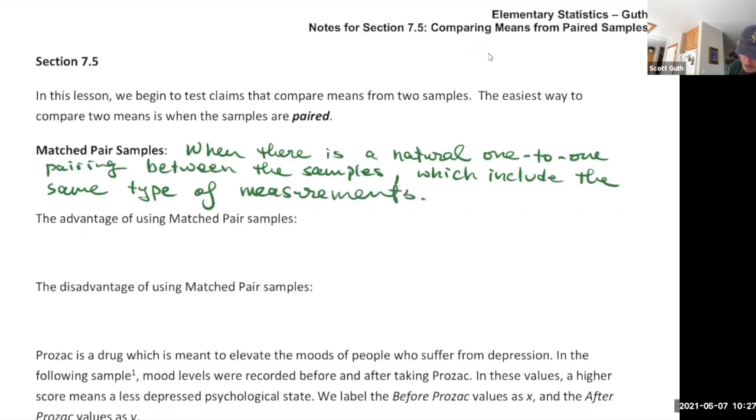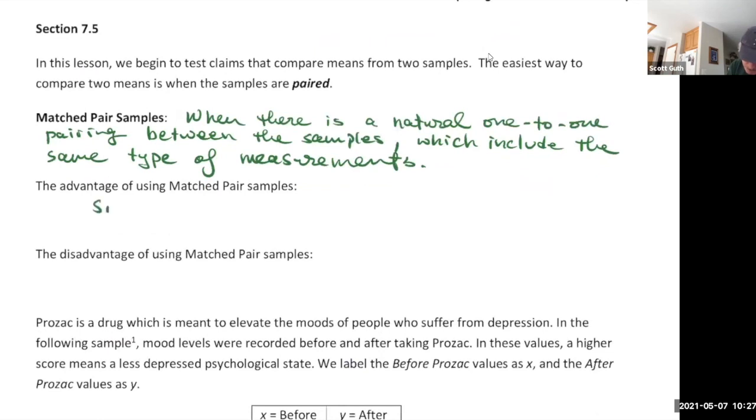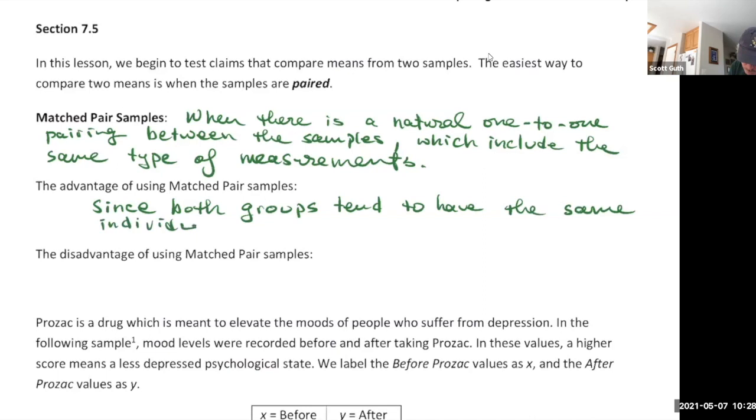Okay, so the advantage is since both groups tend to contain the same individuals, many confounding questions are resolved.